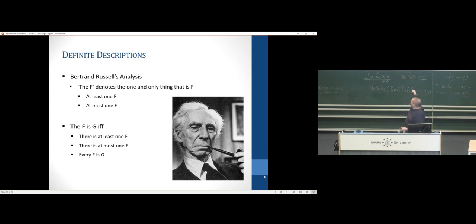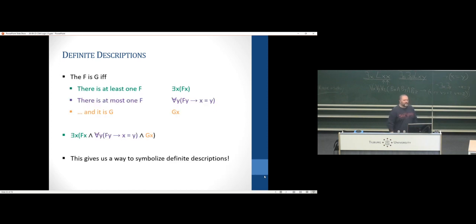So we can take this analysis and use it to give us a way to capture definite descriptions in first order logic. Here's the Russellian analysis. We can say that the F is G if and only if there's at least one F, so existential x Fx, just like we talked about a few minutes ago. There's at most one F, that is, for all y, if it's an F, then it's identical to our first one.